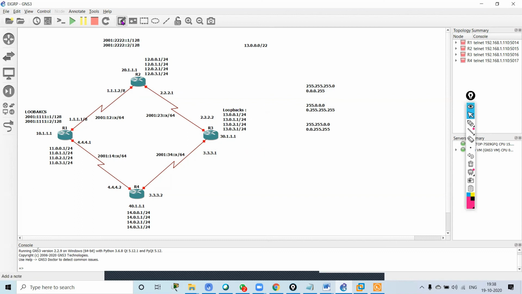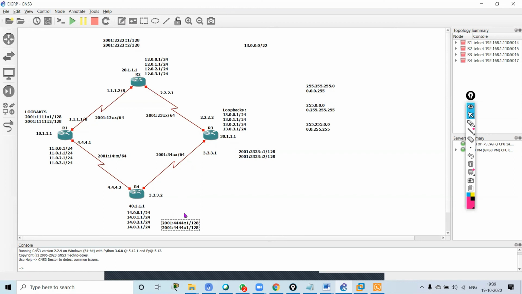Same way here it will be 3: 2001:333::1/128, 2001:333::2/128. Here it will be 4: 2001:444::1/128.